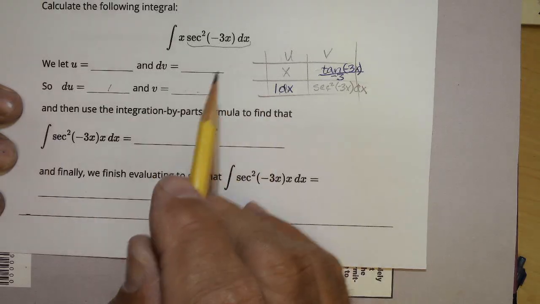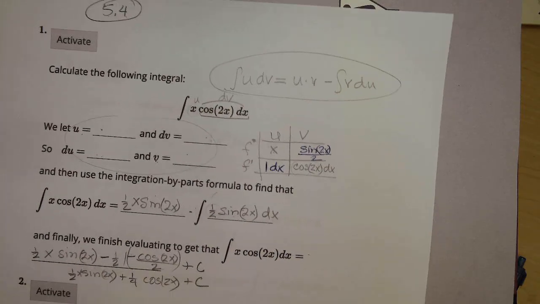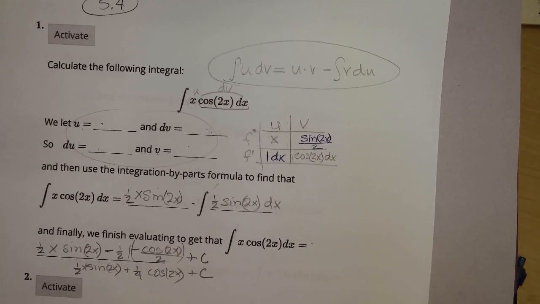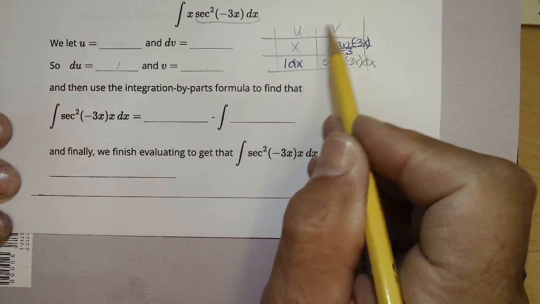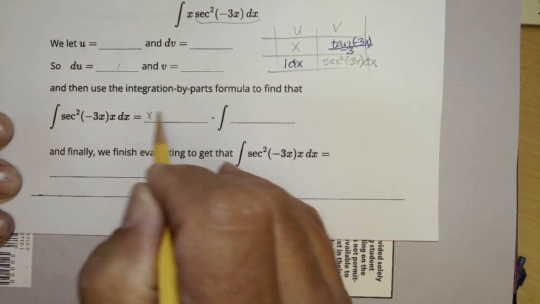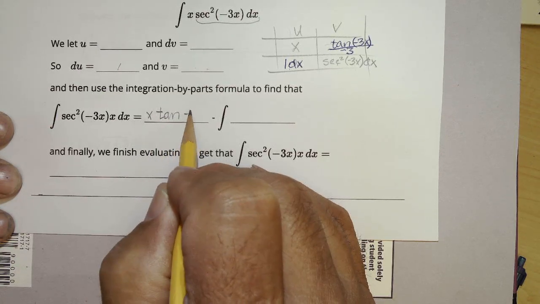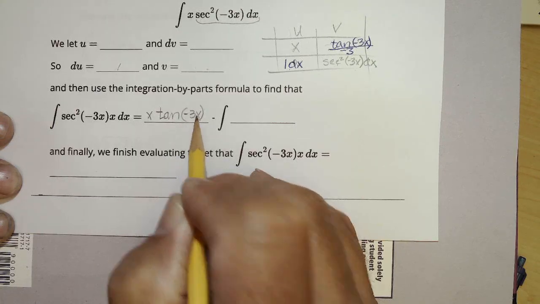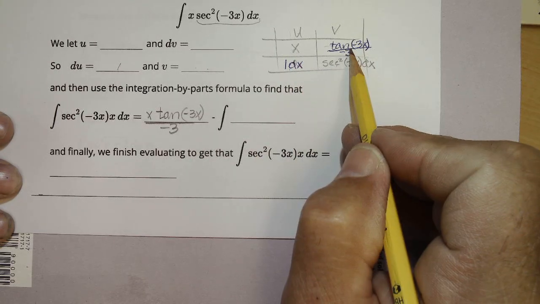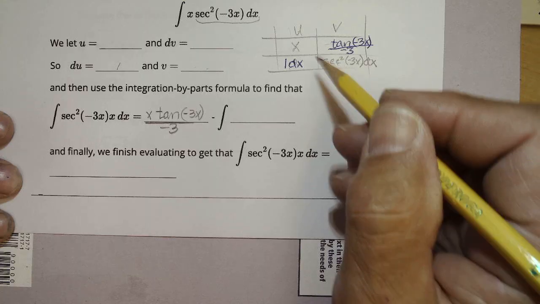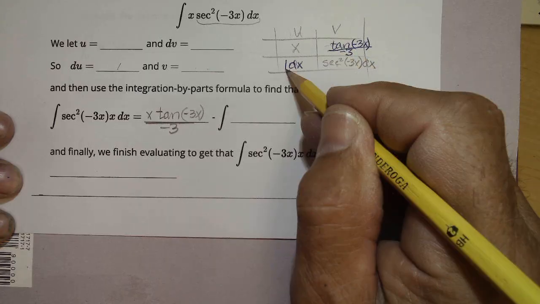So this turns into, and once again we're referring to our integration by parts formula that comes from the product rule, we take our u times v, x times tangent of negative 3x divided by negative 3, that's u times v, minus the integral of not u dv, but v du.